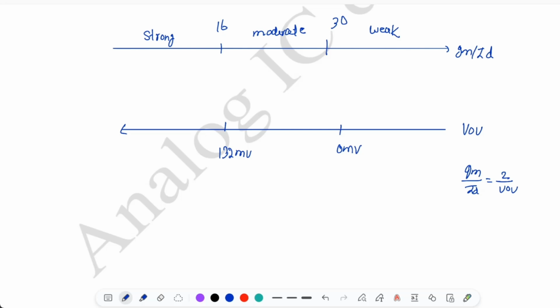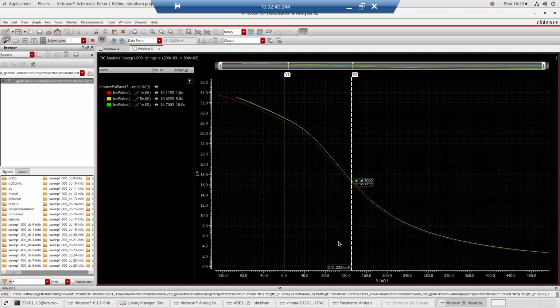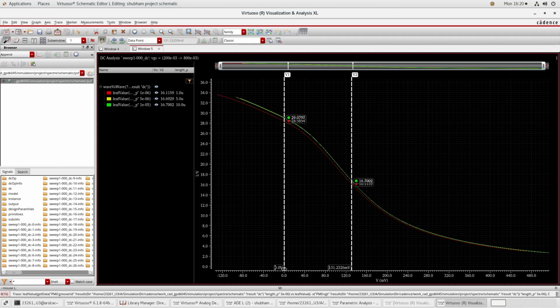Now let's summarize. Here VGS is VTH, so V overdrive is 0, and for VGS less than VTH, V overdrive will be negative, and we will be in weak inversion region, with gm/ID greater than 30.